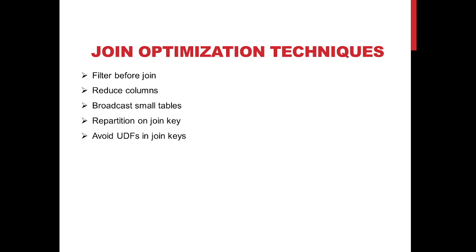First, filter data early. Select only the required columns. Broadcast only the small tables. And avoid complex logic in join keys. So the logic is: less data means less shuffle, and less shuffle means faster jobs.